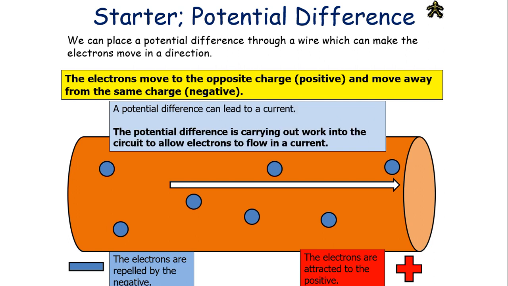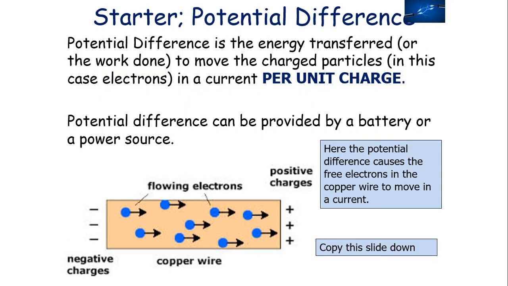The potential difference can lead to a current because the potential difference carries out work in the circuit, which allows the electrons to flow in a current. Fundamentally, the potential difference is the energy transferred or work done to move the charged particles, which in most cases are electrons, in a current per unit charge.